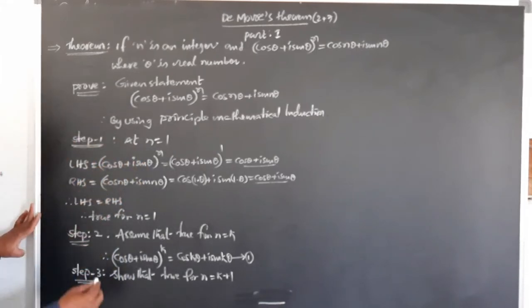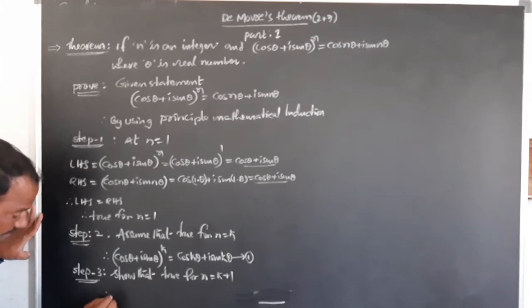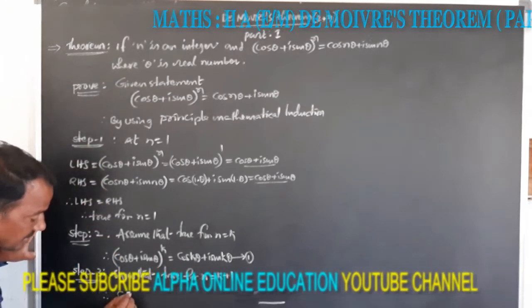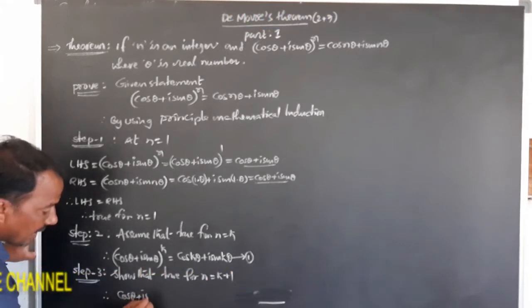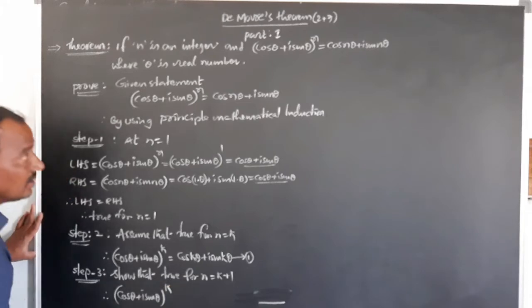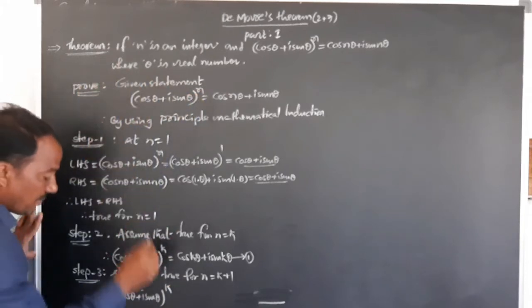So substitute the value n equals k plus 1 in the given statement. What is the LHS? (cos theta plus i sin theta) whole power n, with n equals k plus 1.